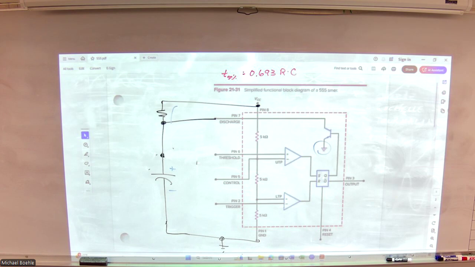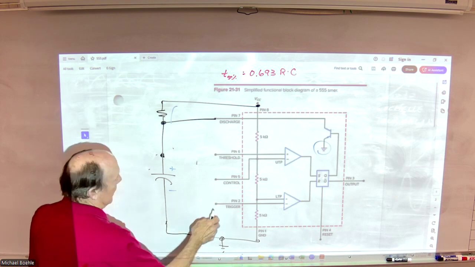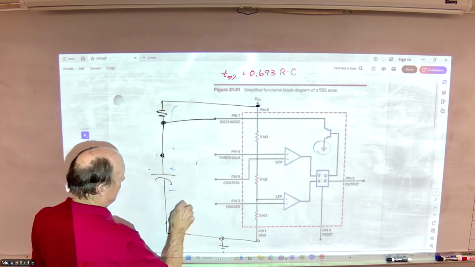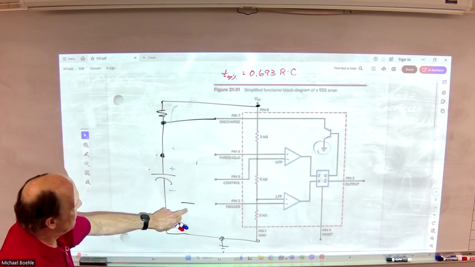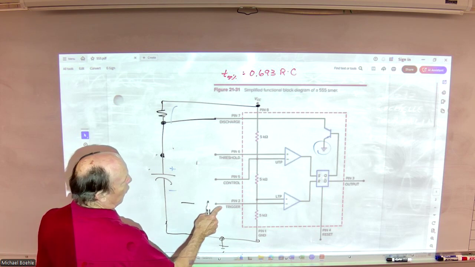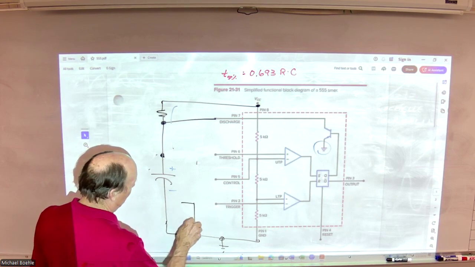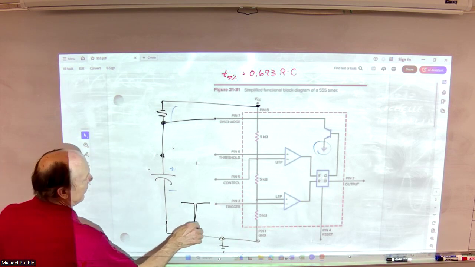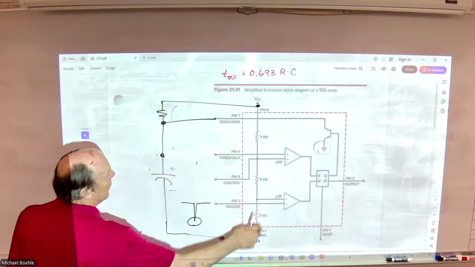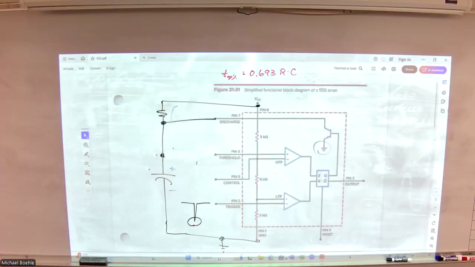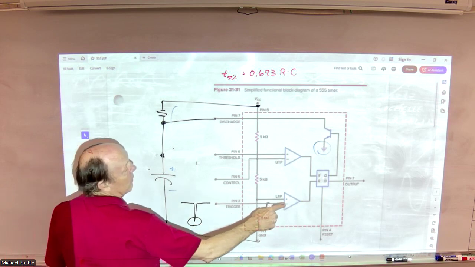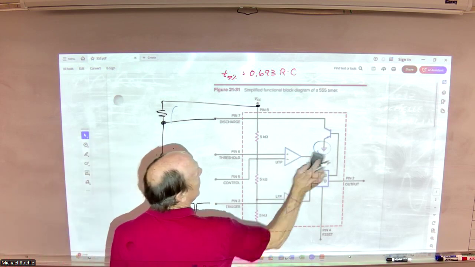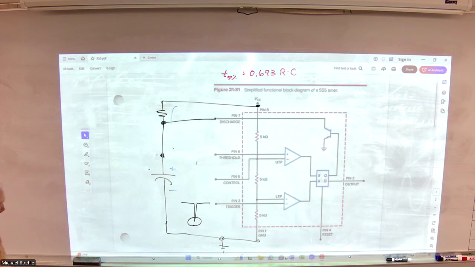All right. So for monostable operation, pin 2 is my trigger. Whatever the voltage coming in here is, I have to provide an input voltage that is low enough to reset this output.